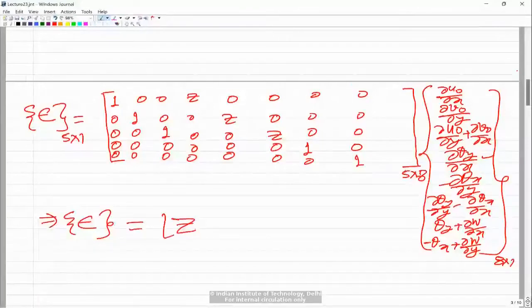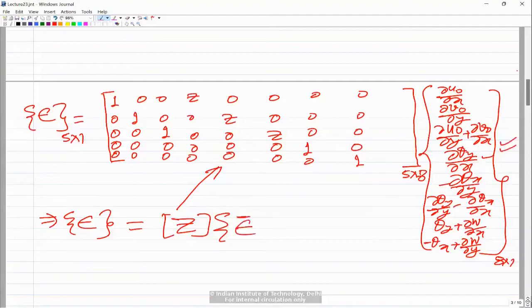So this whole matrix I am writing as a z matrix, and these terms of the strains, which are functions of only x and y, and in natural coordinates would be functions of xi eta, I'm calling epsilon bar. So this matrix is defining this epsilon bar, and as I said, this is 5 by 1, this is 5 by 8, and epsilon bar is a vector of 8 by 1.